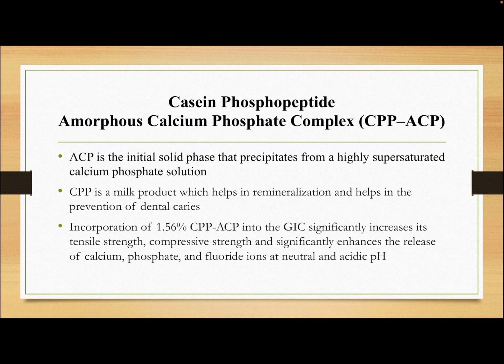Incorporating 1.56% of the complex into GIC significantly increases its tensile strength and compressive strength, and also significantly enhances the release of calcium, phosphate, and fluoride ions at neutral and even acidic pH.